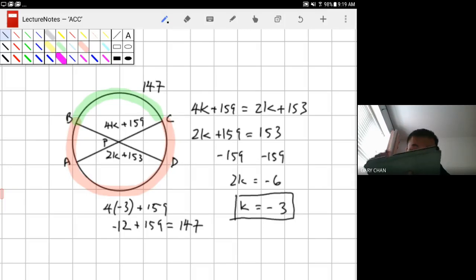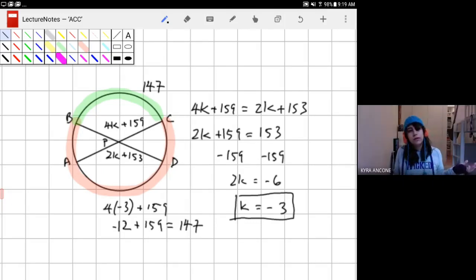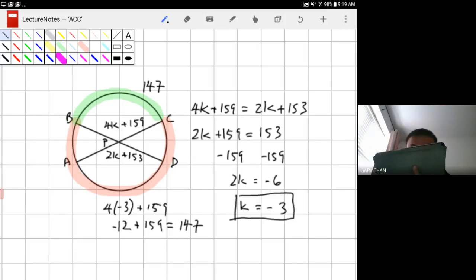Kira, you are the voice of wisdom here, right? So we have BC here. That arc measures 147. And all that stuff that's highlighted in pink, what should they add up to? Right, BC is 147.